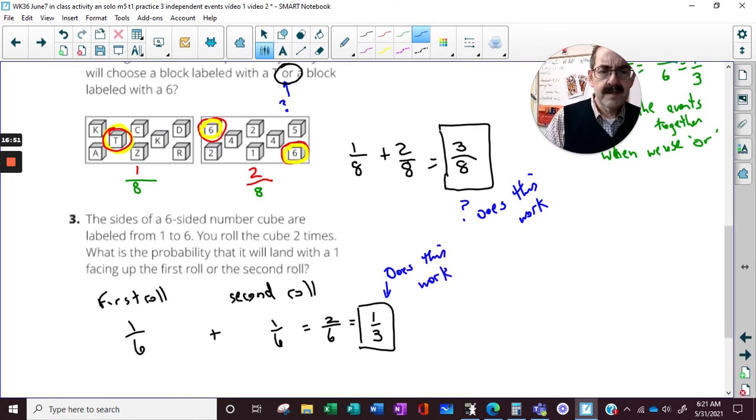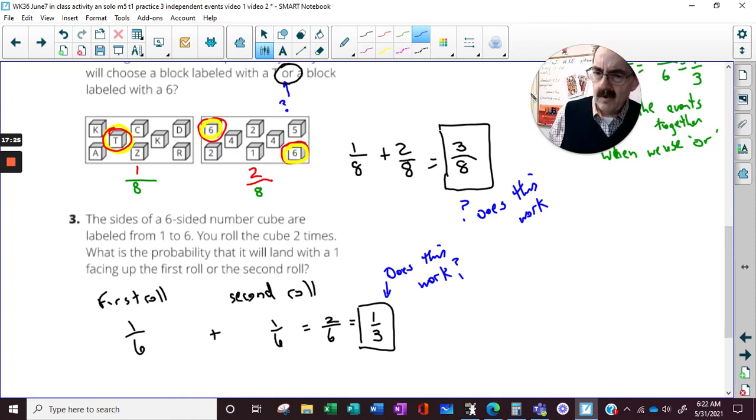Does this work? A third of the time I'm going to win. I roll it and I roll it. Okay, 1 out of 6, 1 out of 6. Put them together. A third of the time is not going to be a 1 or a 1. Doesn't work, does it? Okay.